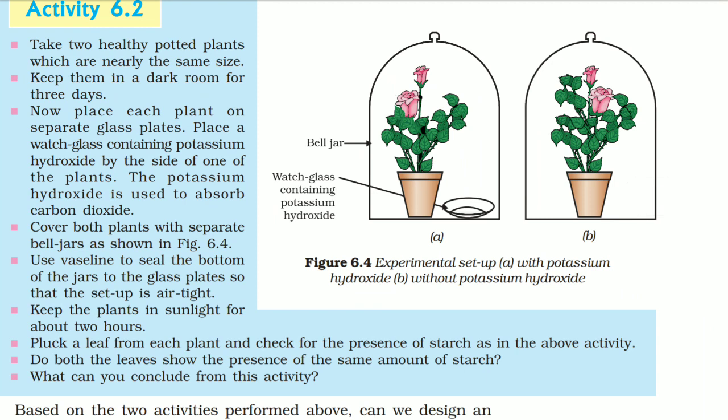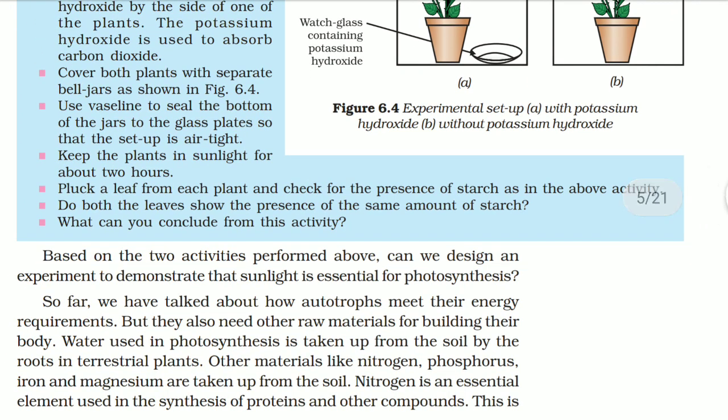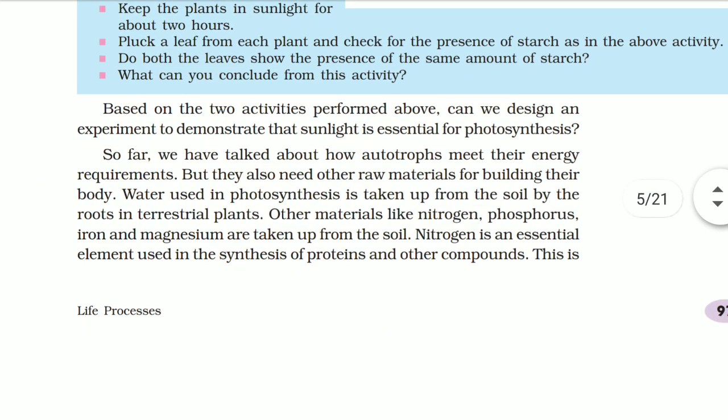After a while the plant would not get the carbon dioxide back into the plant, so it does not grow at this moment, or it stops being green enough. Based on the two activities performed above, we can design an experiment to demonstrate that sunlight is very essential for photosynthesis.